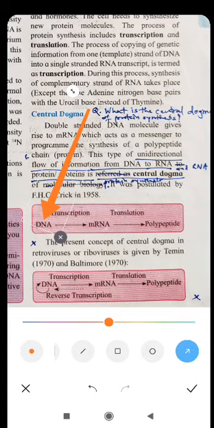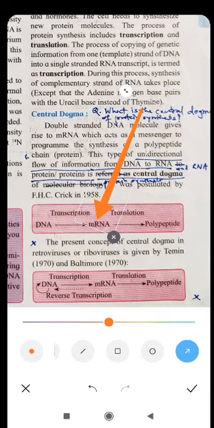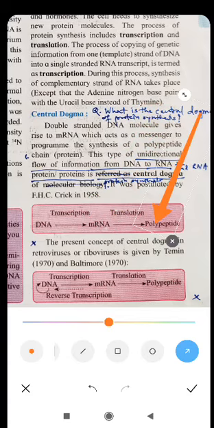DNA polymerase is required for producing DNA from DNA, meaning for DNA duplication or the replication process. Enzyme RNA polymerase is required for formation of the RNA molecules from DNA, and there are certain enzymes required for synthesis of protein from mRNA. Several enzymes are required for this process. Not any single significant enzyme is there. A group of many enzymes is required for synthesis of protein.